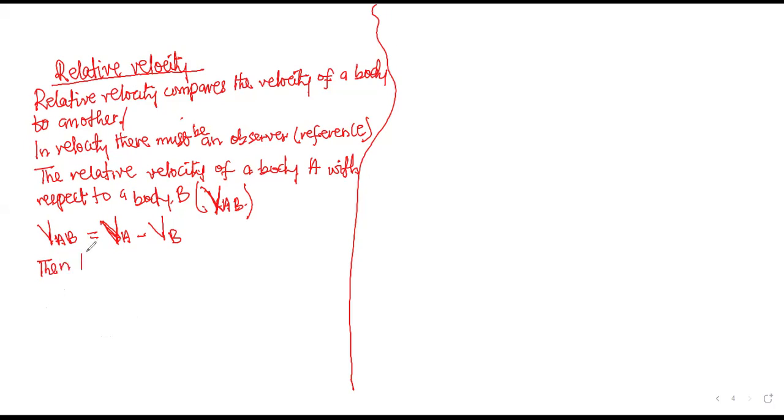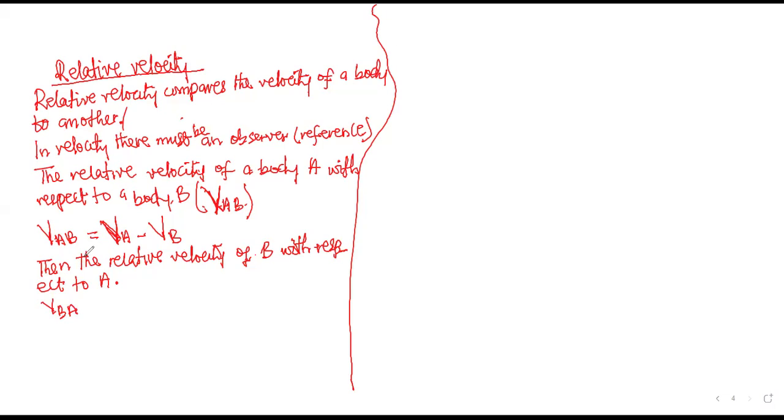Then the relative velocity of B with respect to A. This time around, A is doing the observation. With respect to A, it's written as V of BA.